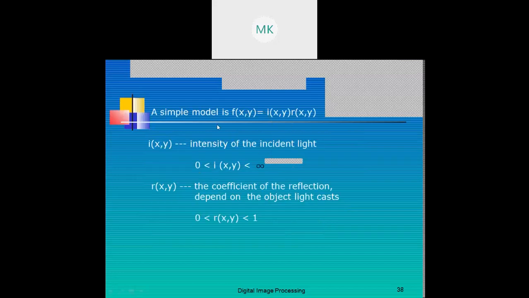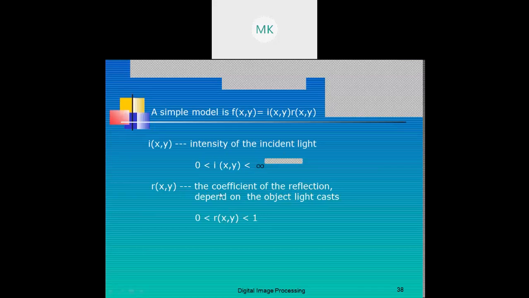A simple model is f of x comma y equals i of x comma y times r of x comma y. So, what is i of x comma y? i of x comma y is nothing but the intensity of the incident light, where i of x comma y varies from 0 to infinity. r of x comma y is the coefficient of reflection, which depends on the object, and r of x comma y varies from 0 to 1.